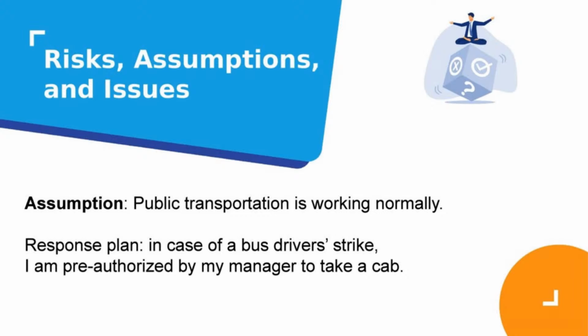As a response plan, see, it's an assumption, but I can discuss that with my donor, in this case, my boss. And in case of a bus driver's strike, my boss can pre-authorize me to take a cab. So in the event that that assumption is not sustained, I will take a cab because I'm pre-authorized for that.